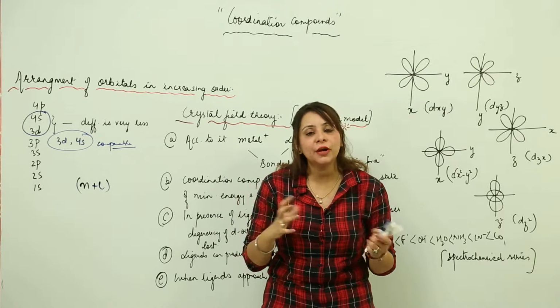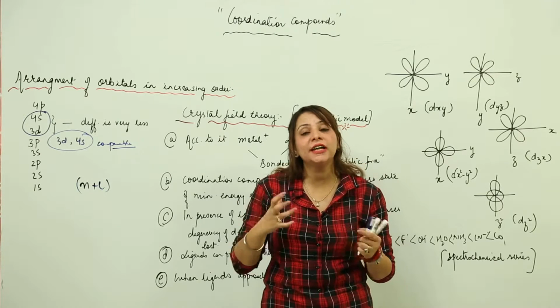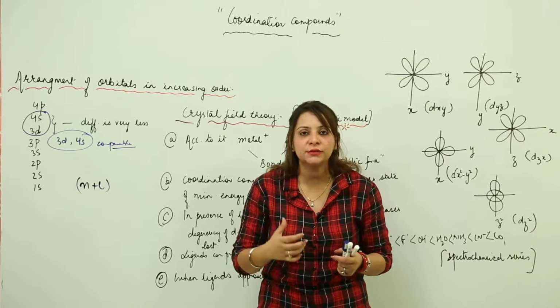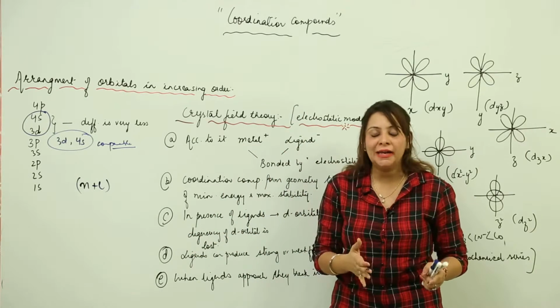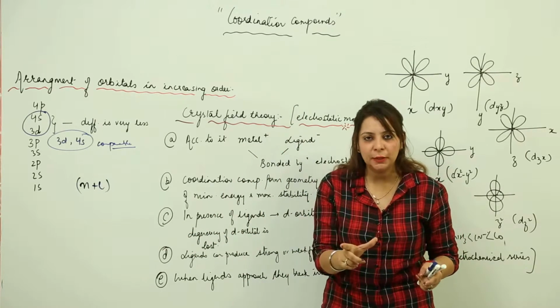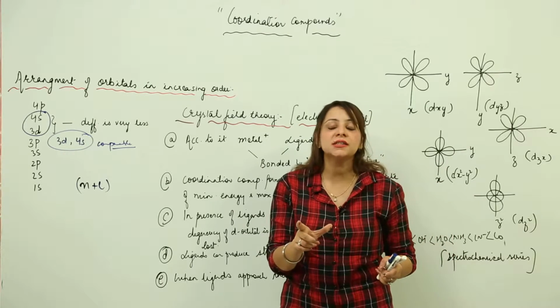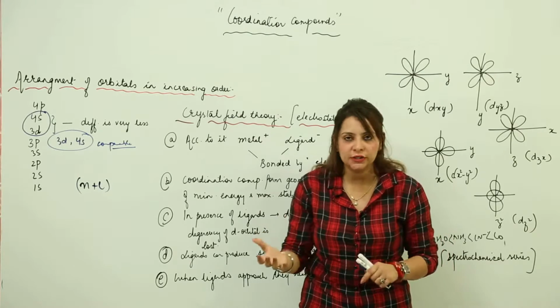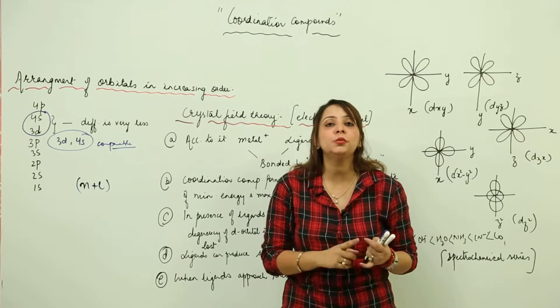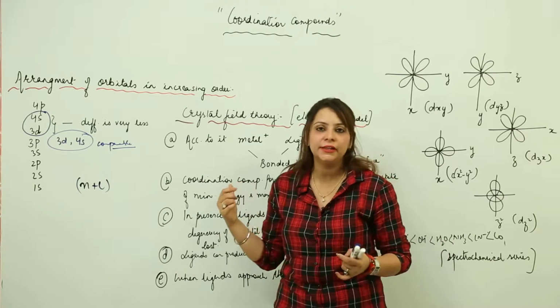Though they have comparable energy, we can encounter such changes in different compounds. So keep in mind that 3d and 4s have comparable energy, and you can find cases in which 3d has less energy or 4s is higher or vice versa. This is an important point before we start with crystal field theory.